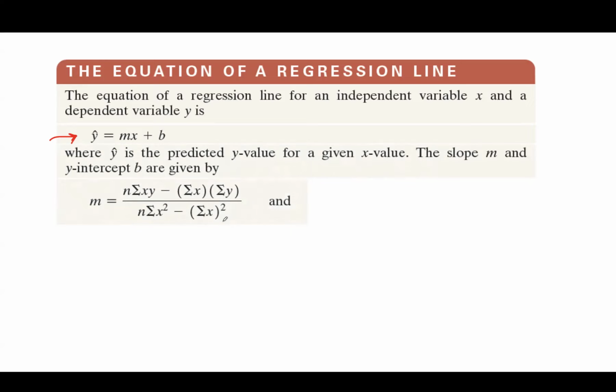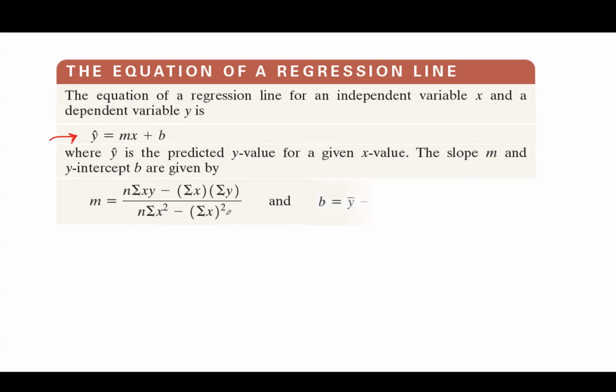So as you can see, we are going to take into account all of the x and y values and use them to calculate m, or the slope of the line. This is n times the summation of xy's minus the summation of x times the summation of y's, divided by n times the summation of x squared minus the summation of x to the power 2.